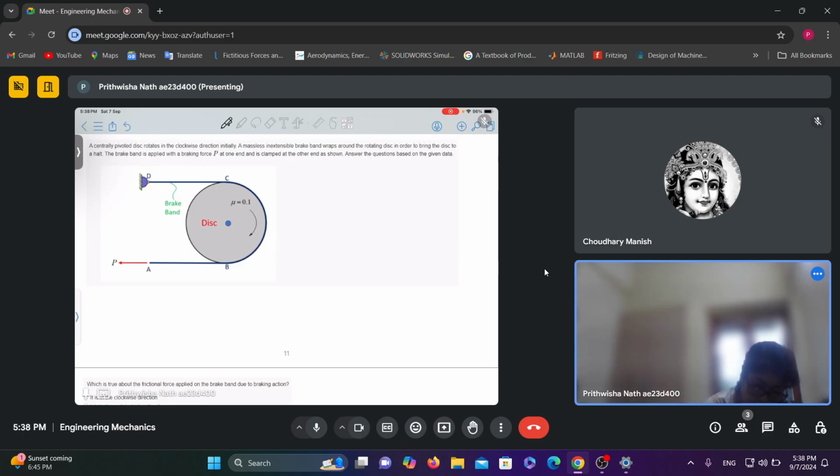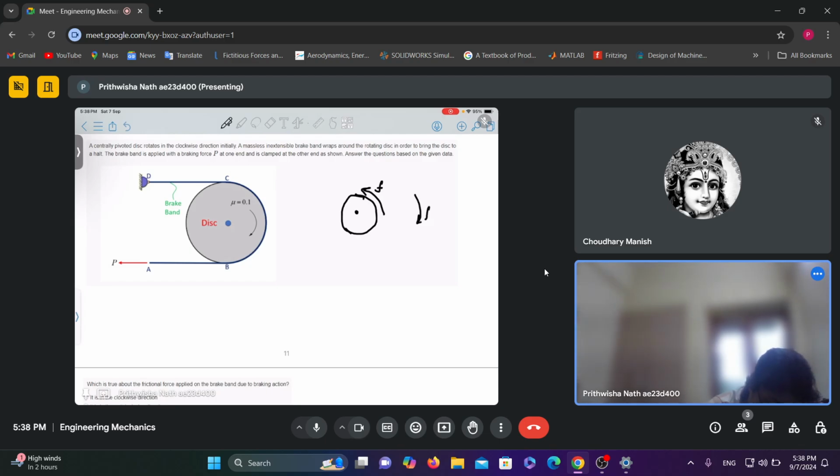So the disc is rotating in a clockwise direction. So the friction should act on the disc in this direction, right? And on the belt, like on the band, it should act in which direction?